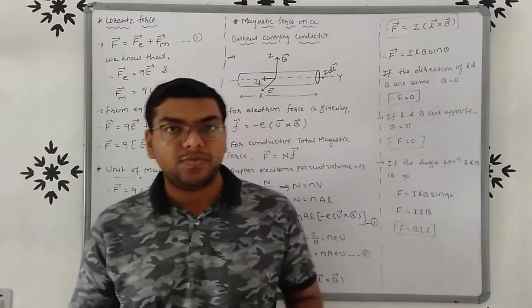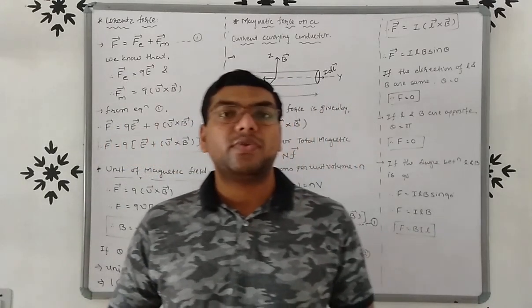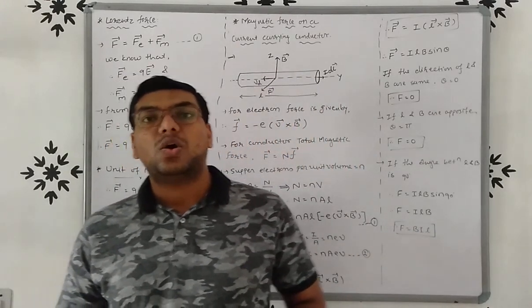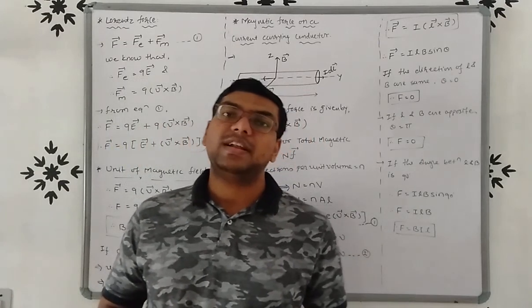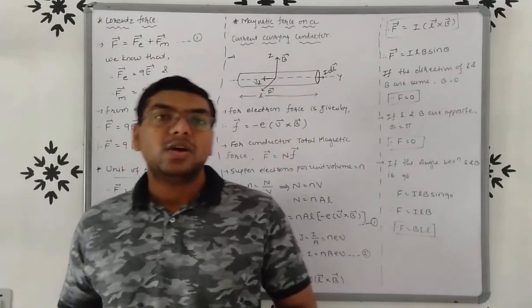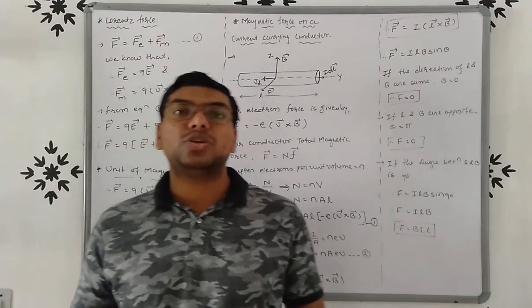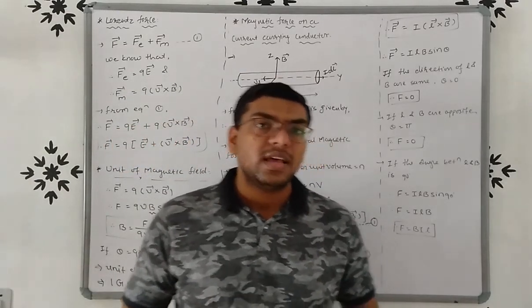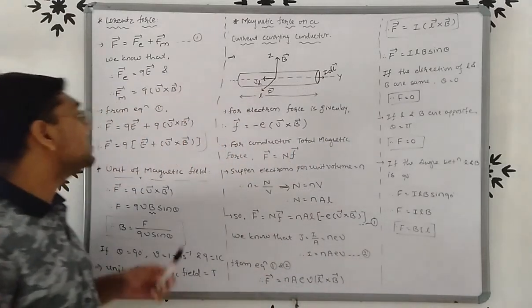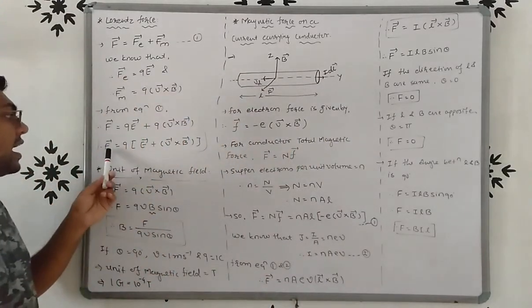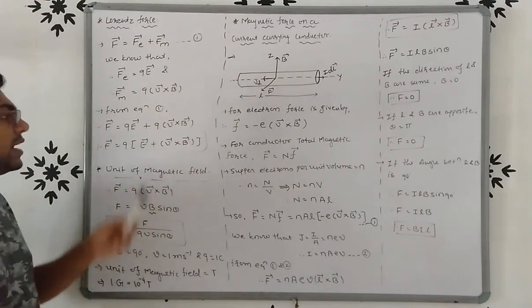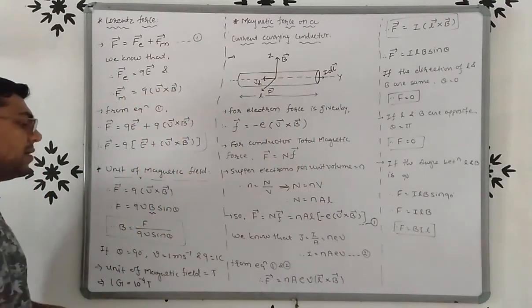First of all, we revise all the formulas. Force on a charge due to electric field, that is F is equal to QE. Force on a charge due to magnetic field, that is F is equal to Q into V cross B. Then the equation of Lorentz force, F is equal to Q into bracket E plus V cross B.